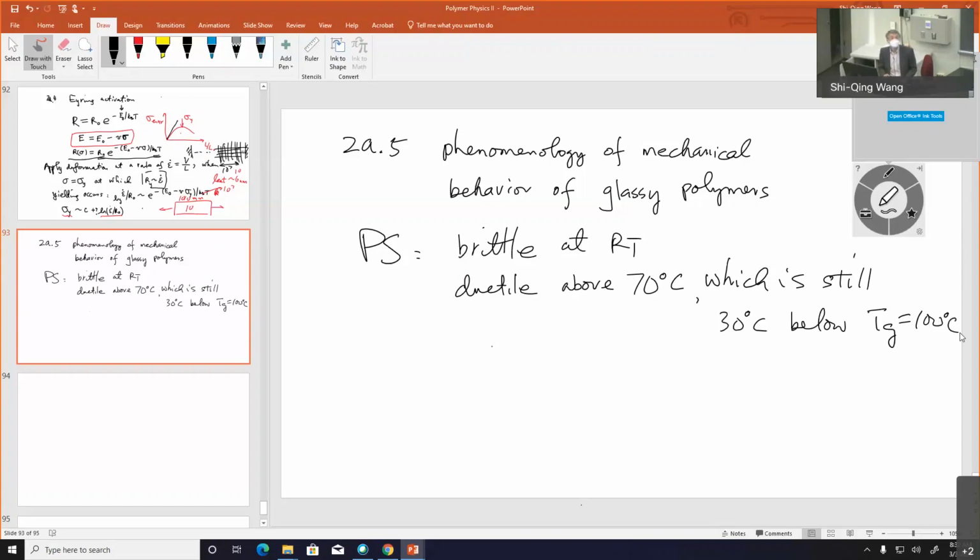Okay. And in fact, generally speaking, there is a brittle-ductile transition.